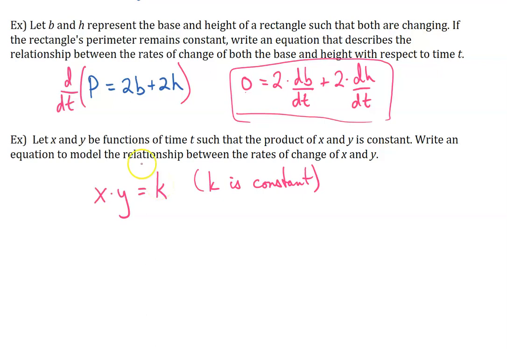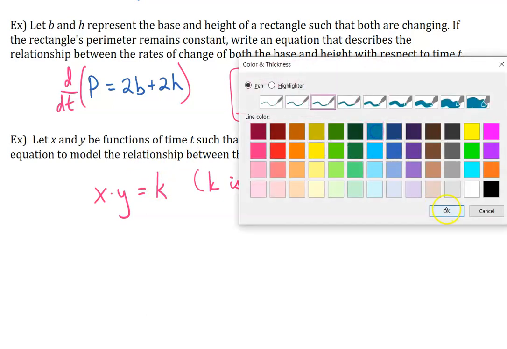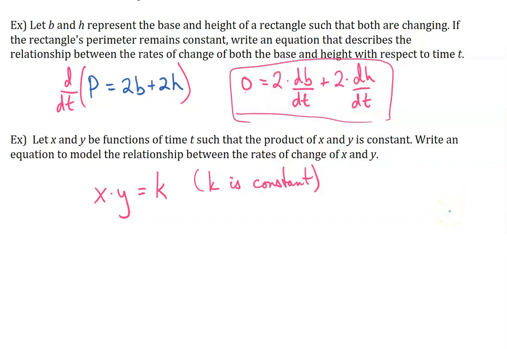Now I want to model the relationship between the rates of change again. So I'm going to take the derivative with respect to time, because x and y are functions of time t, of this entire equation. Over here, I have two variables being multiplied, so I need to use the product rule.